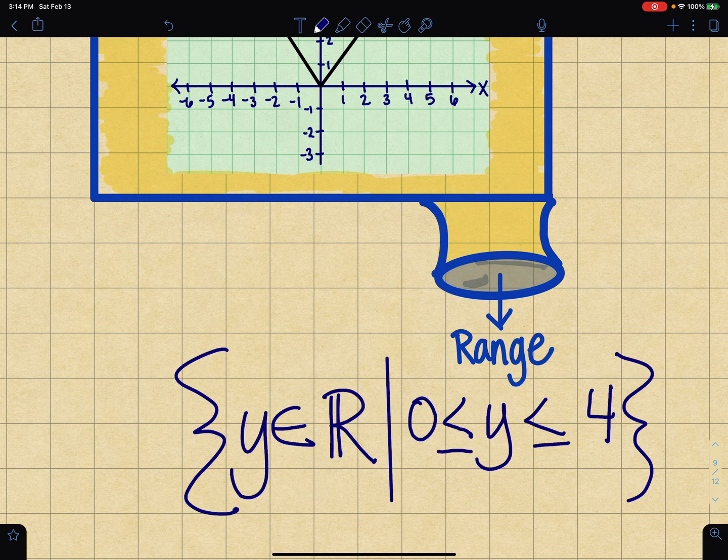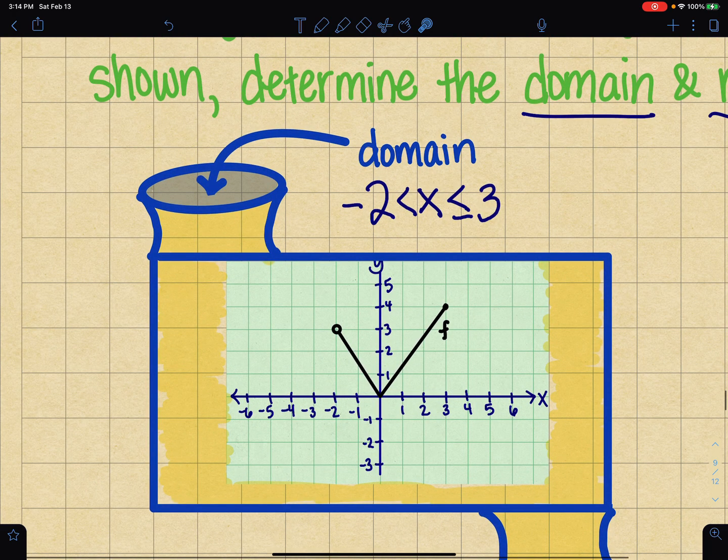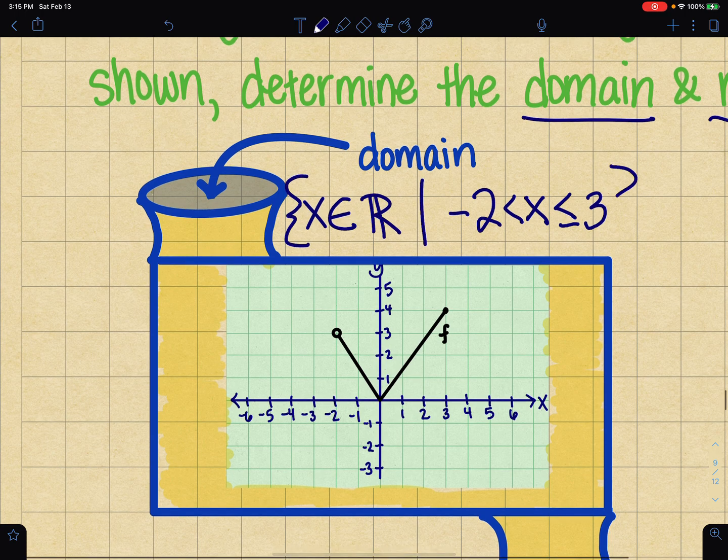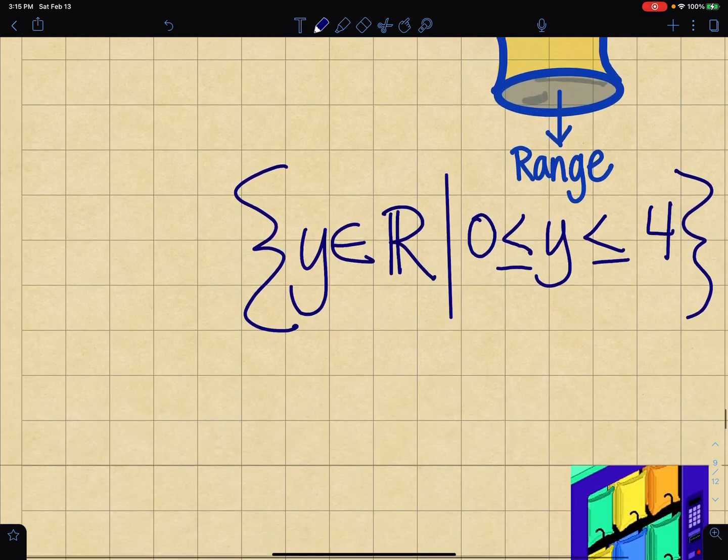So it's not just integers, it's any real number between 0 and 4. And same with the domain. So the more precise answer here is x includes all real numbers between -2 and 3, not including -2. And that's how you write it. Okay, sweet. That's like math language right there.